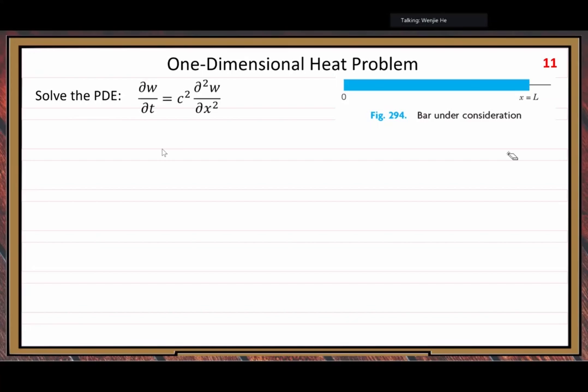The PDE, the one-dimensional form. Why one-dimensional? Look at the right-hand side. Here you see two variables, the t variable and the x variable. The t variable is the time variable. When we count the number of dimensions, we do not count the t variable.